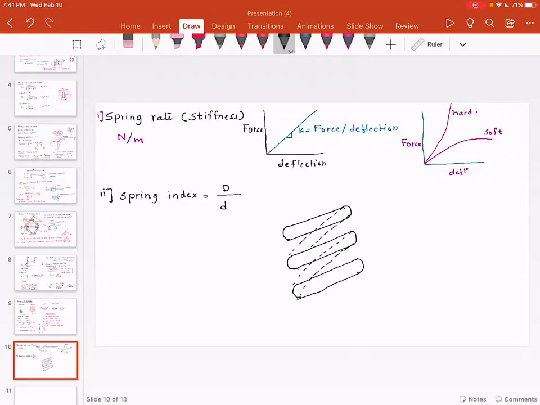And at the end, it is something like this.